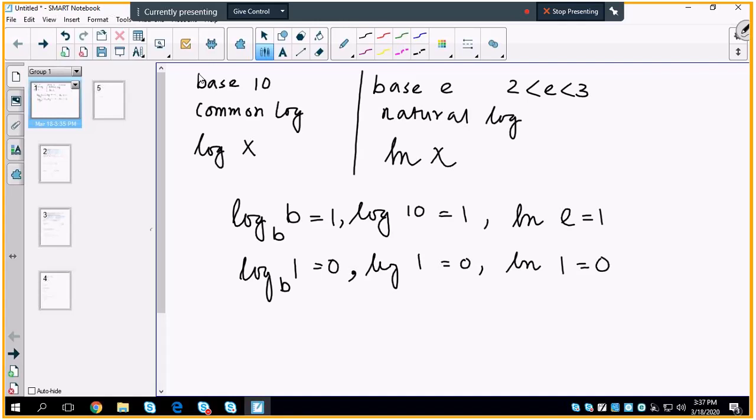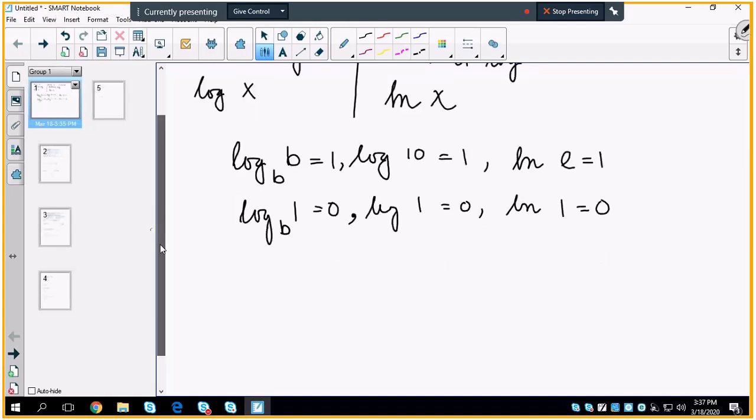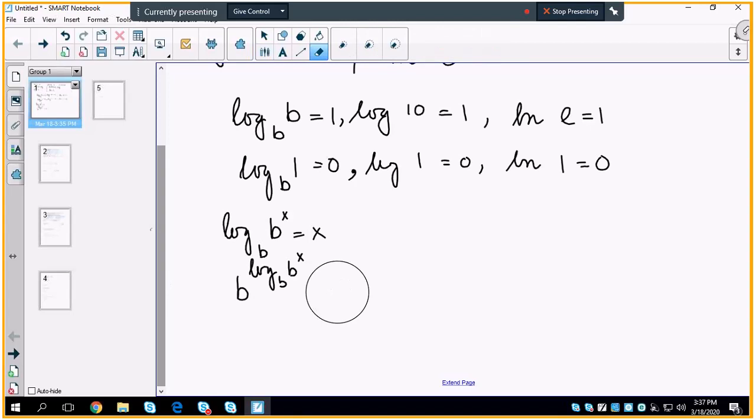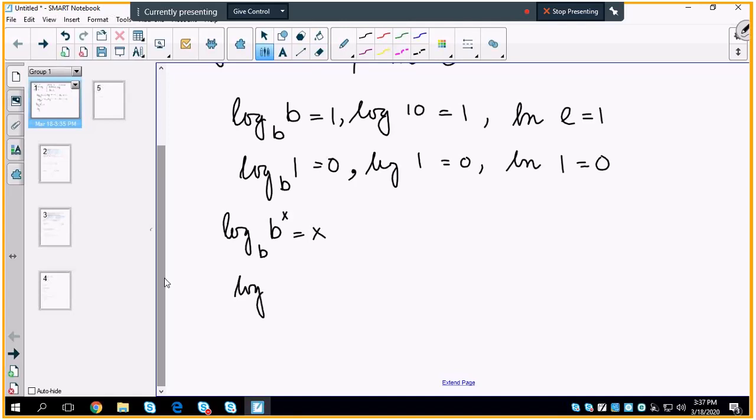We talked about a two-fold inverse property. That is log of b to the power x to the base b is x, or b to the power log of x to the base b is x. In fact, I want to write this property in a little different way. I want to write it as log of x to the base b, when raised to the power of b, is equal to x.